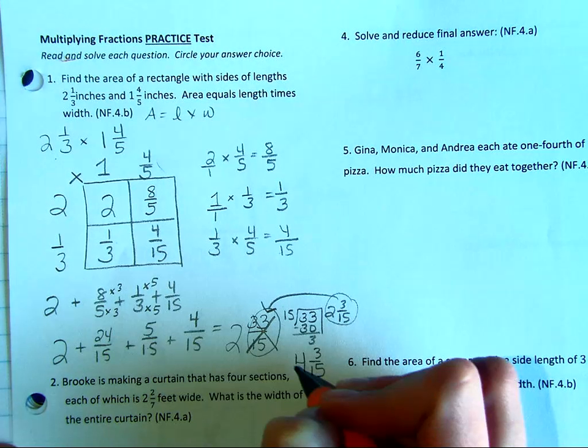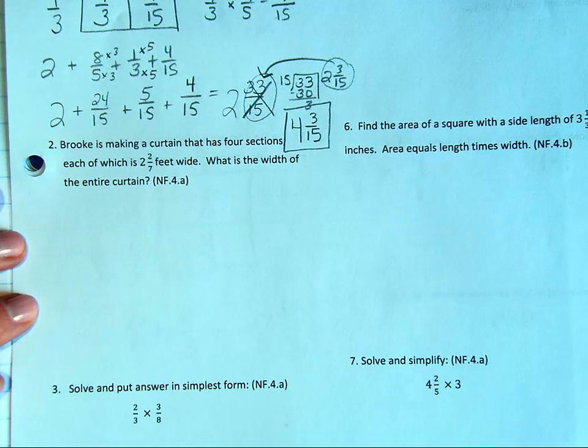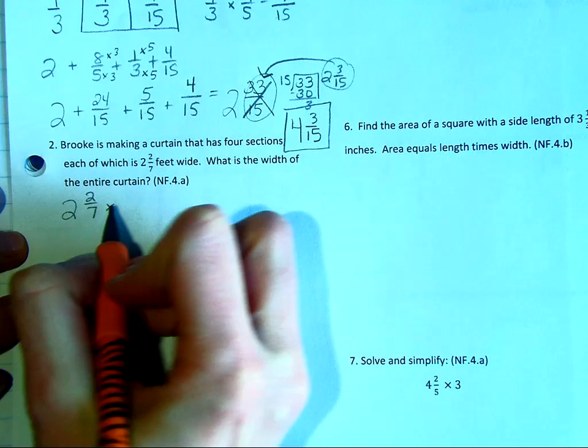Number 2. Brooke is making a curtain that has 4 sections, each of which is 2 2/7 feet wide. What is the width of the entire curtain? So I'm going to multiply 2 2/7 by 4 whole because it has 4 sections. So I'm going to use this box method to do it.